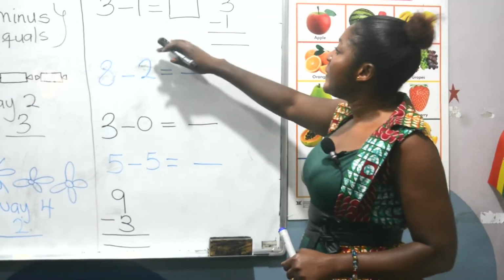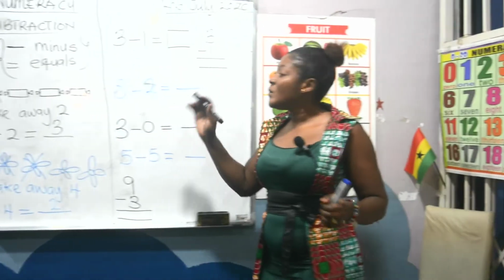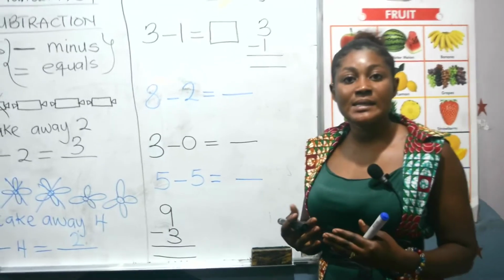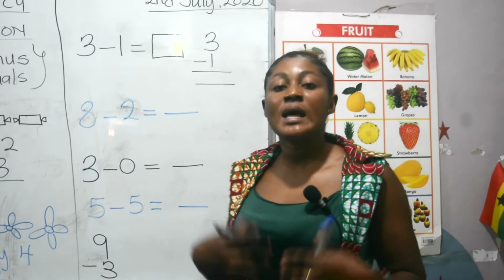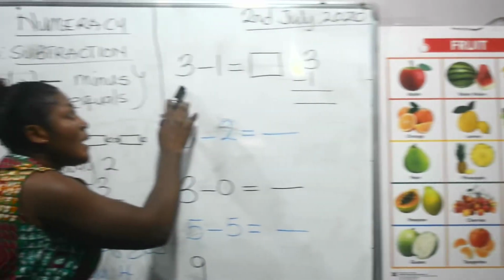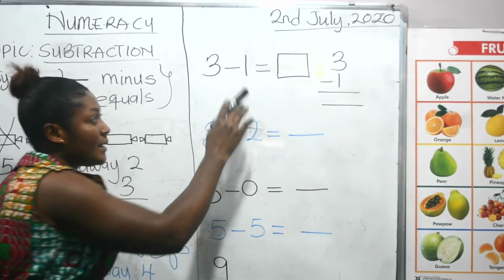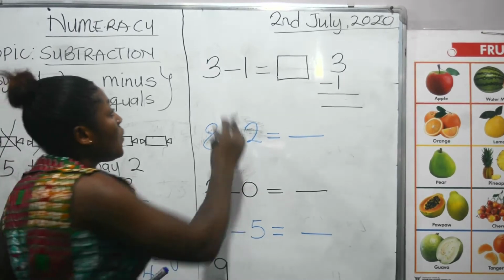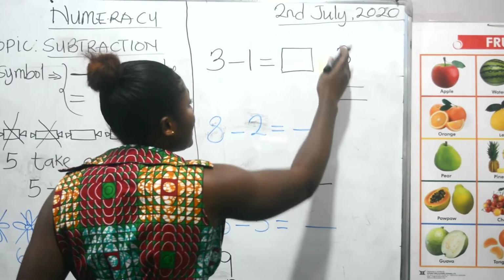Now here, we are not using toys. We are not using brooch and chocolates. We are using numbers. Okay, we are going to use numbers. So now I have with me 3 minus 1 is the same as 3 take away 1. Now, when you see this one too, it's the same thing.